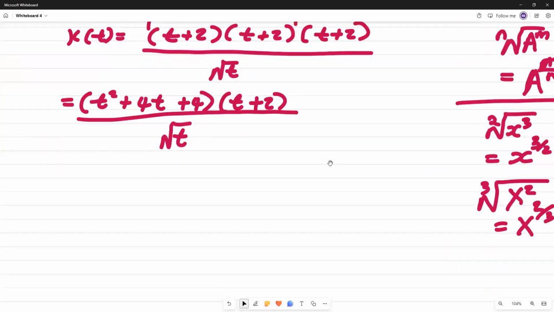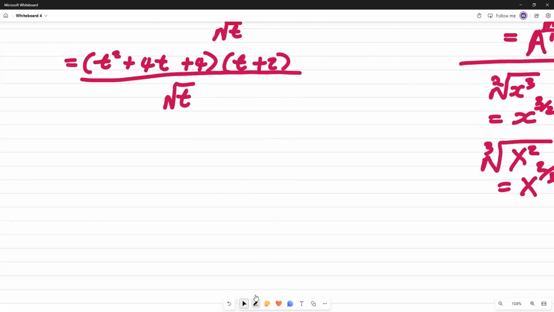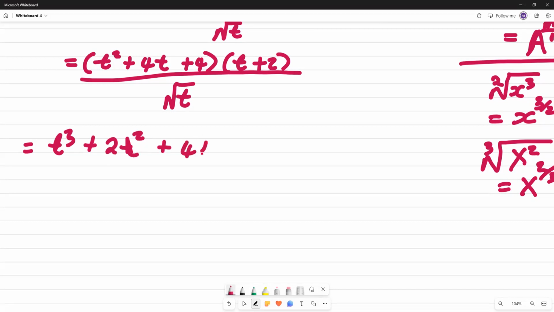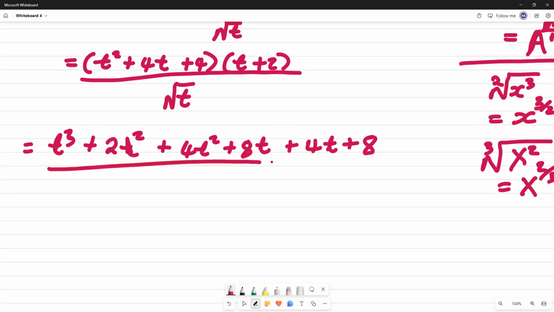Sharp. And then now let's keep on going. We're going to have t cubed. I'm multiplying everything by t plus 2: t cubed plus 2t squared, plus 4t squared, plus 8t, plus 4t plus 8, all over the square root of t.